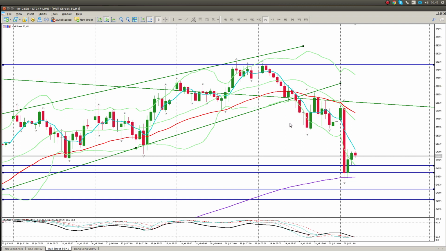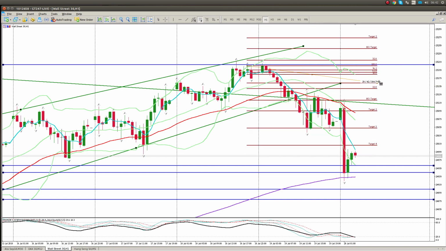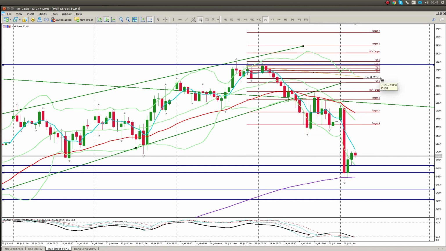Okay, so let's just have a look at the closing range breakout. And hopefully you played this one yesterday. It was very nice, basically your fourth target was hit from the closing range. So the minute we broke through here, that was your signal to be short.